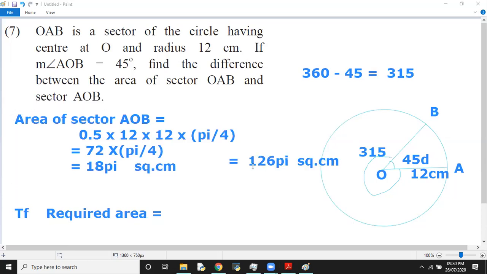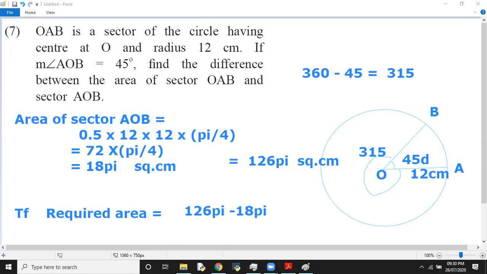First answer is 126 pi. Okay, 126 pi. First answer is 126 pi minus 18 pi. Okay, then we will get, okay, no problem.